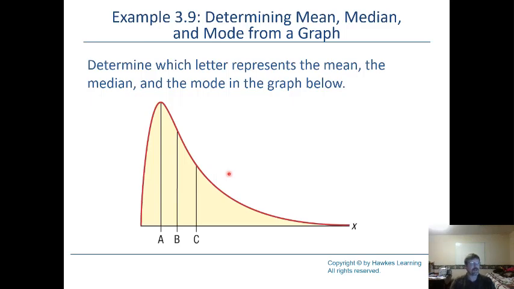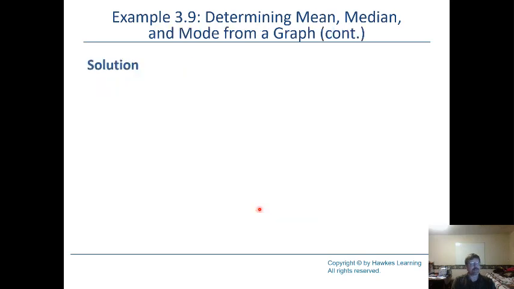So, take a moment and identify mode, median, and mean on this. See, the tail is that way, so it is a right skewed graph. And proceed when you're ready.